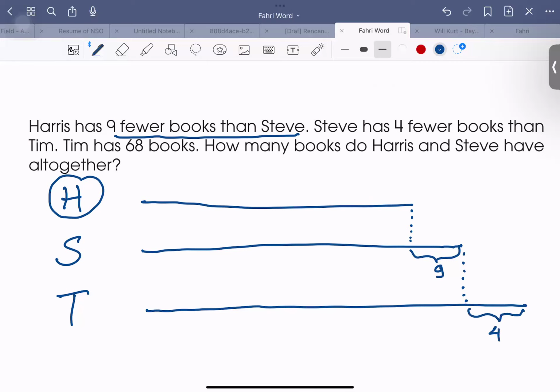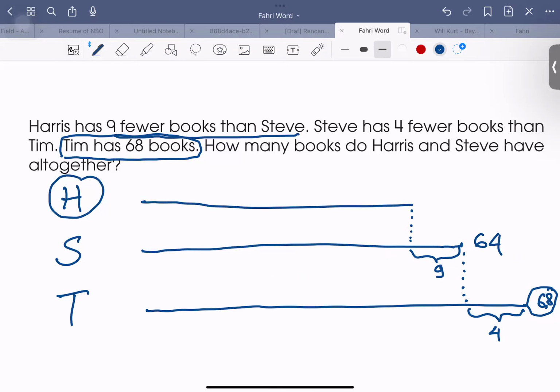Before the question, Tim has 68 books. So the line equals 68. So what is Steve's line? 64, of course. From 68 minus 4 equals 64.